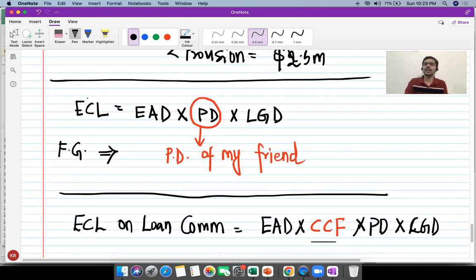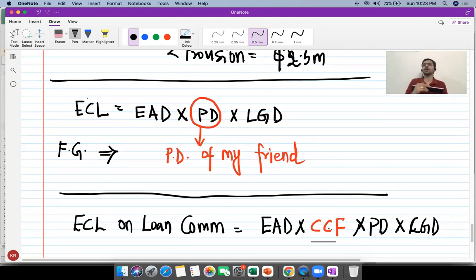All right, so basically multiplying it with the credit conversion factor is a way of converting off-balance sheet exposure into on-balance sheet. Because remember, I will always incur a credit loss only if I actually give you the money. So I'm going to incur a loss only after it becomes an on-balance sheet exposure.